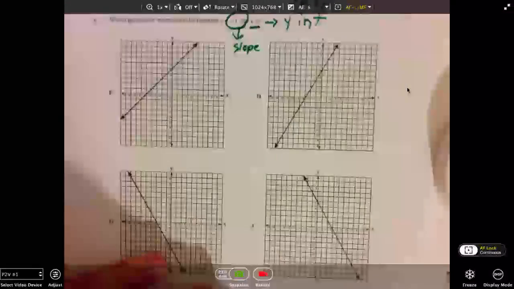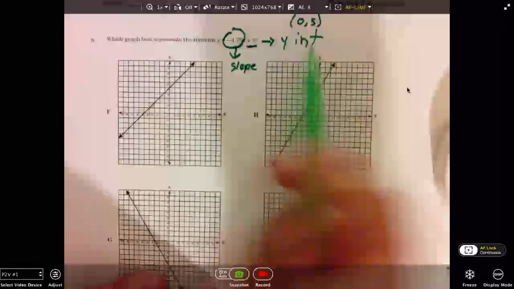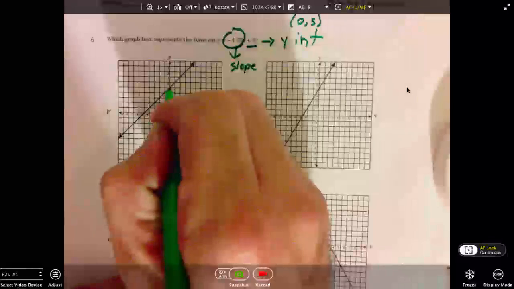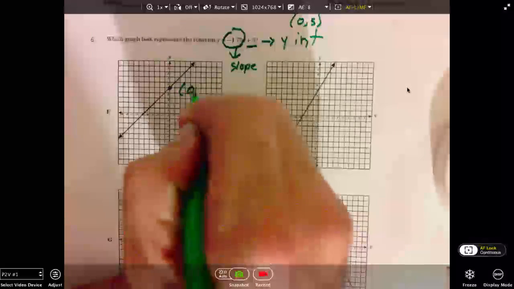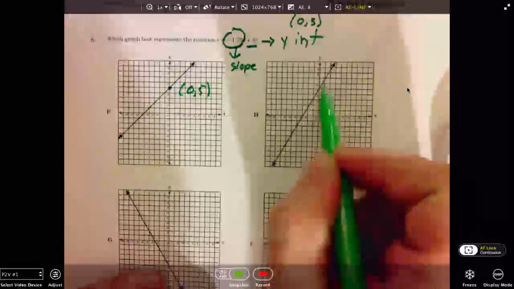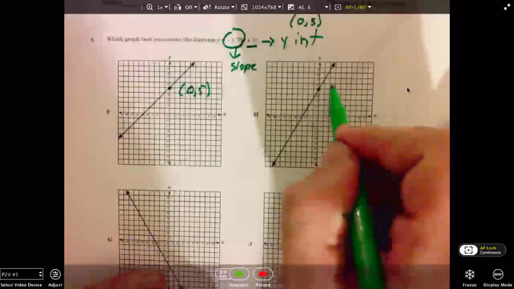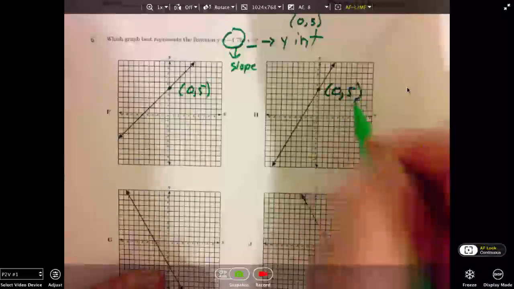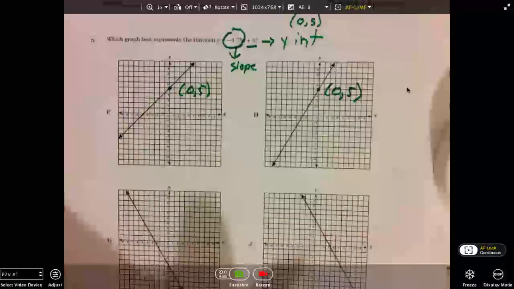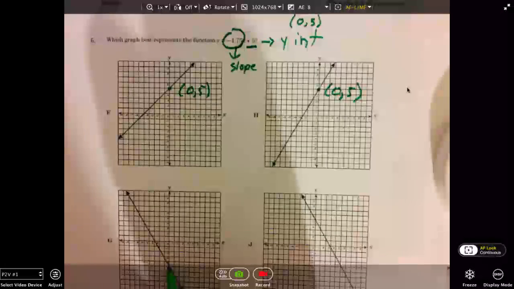Well, let's do a little process of elimination, crossing off all the graphs that don't have a y-intercept of 0, 5. Well, F does cross at 0, 5. That's a possibility. H, here's my y-axis, here's the line. There is the y-intercept, 0, 5, also a possibility. G, however, crosses below the origin.